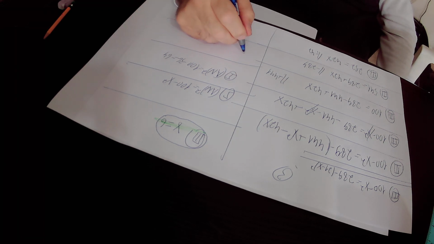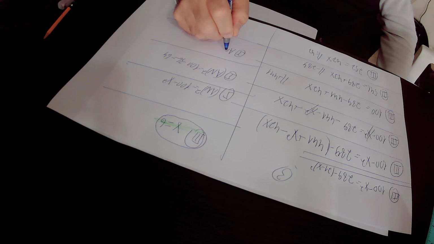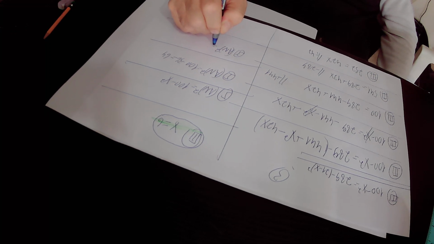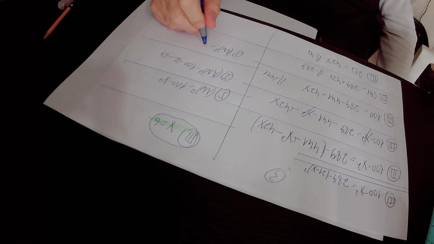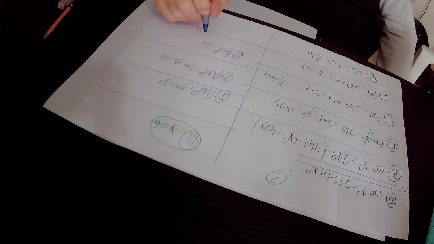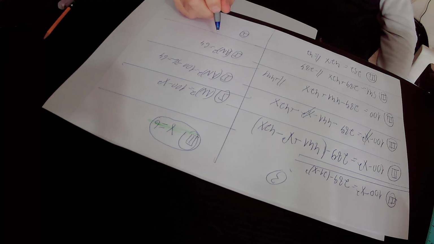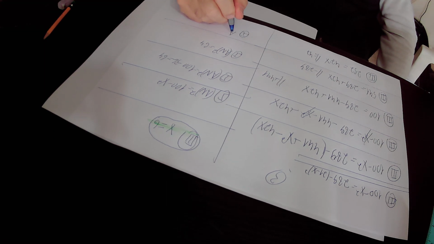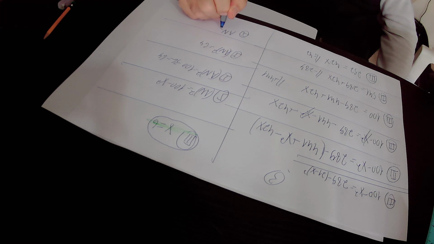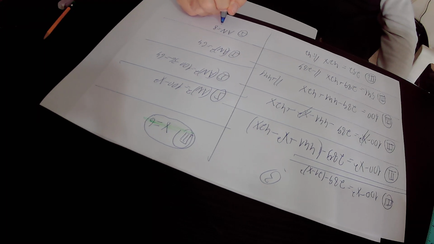So AN squared equals 64, so AN equals the square root of 64, that is 8. So AN equals 8 units in length.